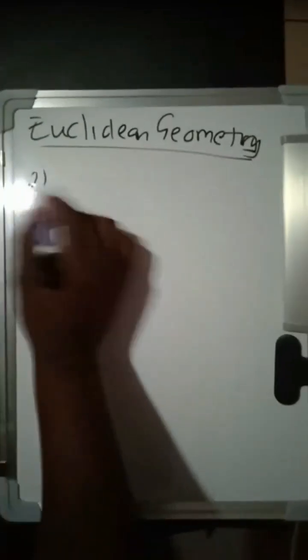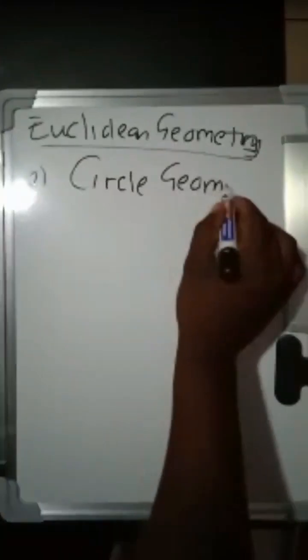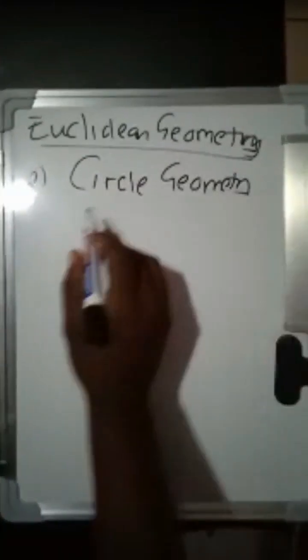Then the second one is circle geometry. So today we are going to focus on circle geometry, particularly looking at the theorems of circle geometry.